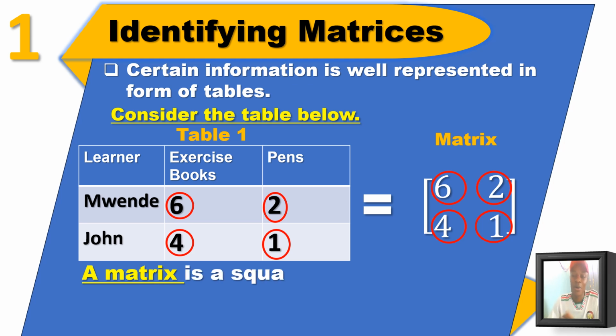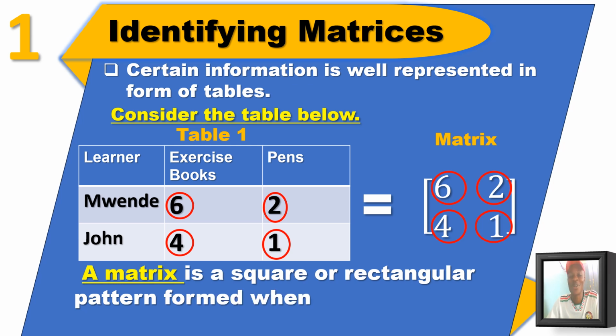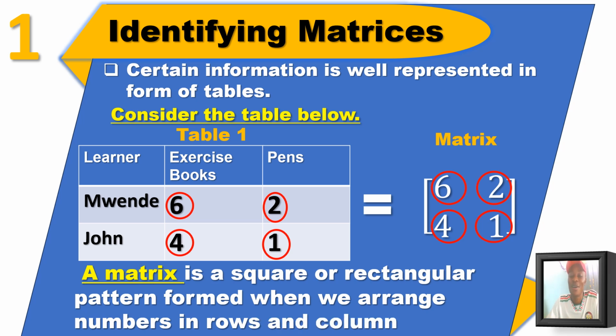Good. So how can we get the meaning of a matrix from this kind of illustration? We say that a matrix is a square or rectangular arrangement of numbers. It is a square or rectangular pattern that is formed when we arrange numbers in rows and columns.